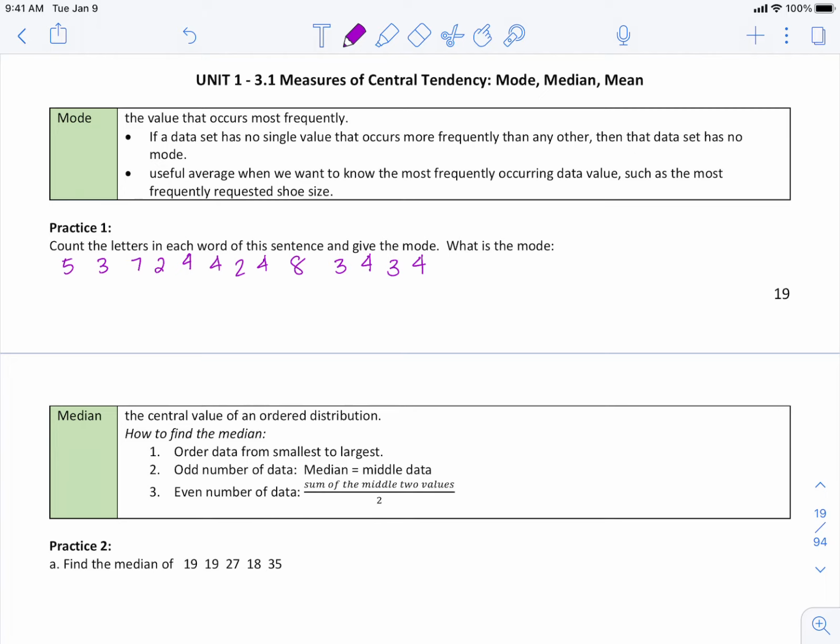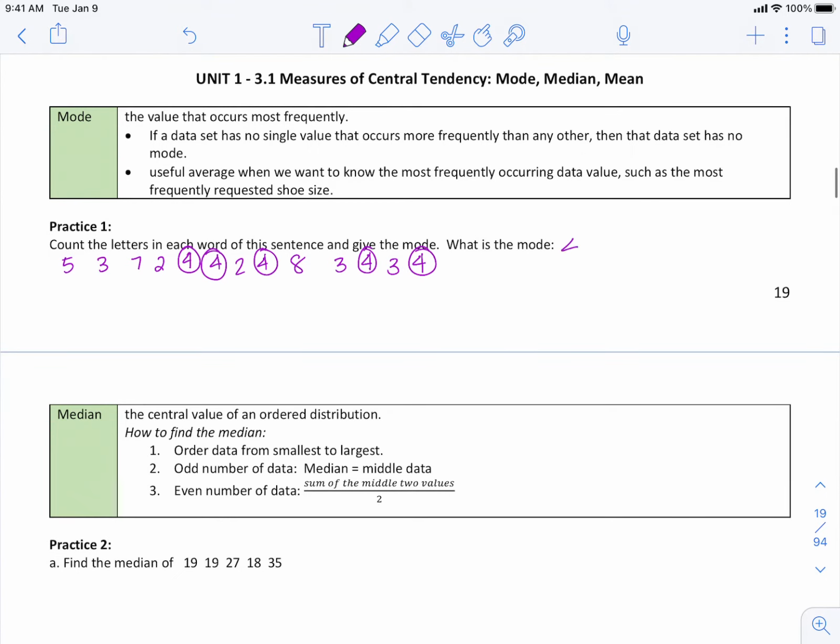Looking at these, we have 1, 2, 3, 4, 5 fours, which is the most frequent. So our mode is 4.